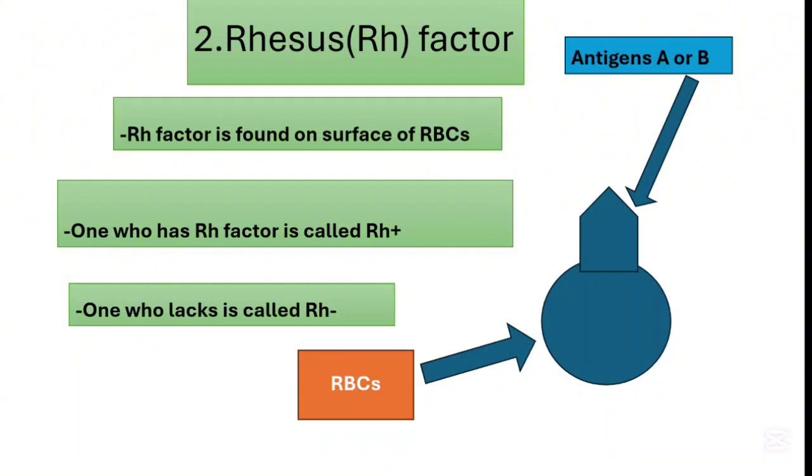We have two antigens, antigen A and antigen B. And rhesus factor is similar to the antigens. Rhesus factor, or RH factor, is also found on the surface of the red blood cells.